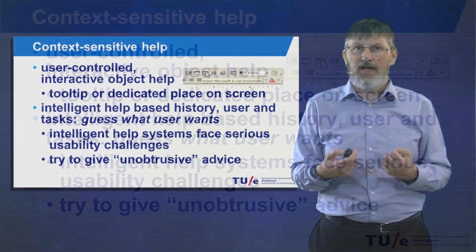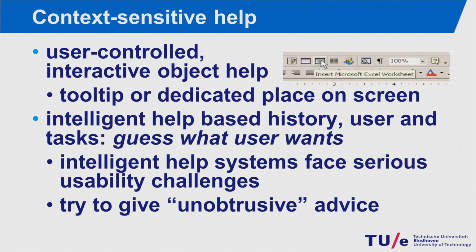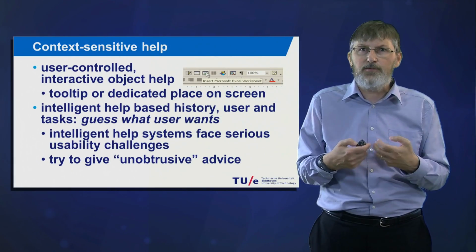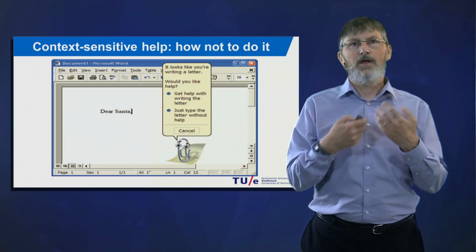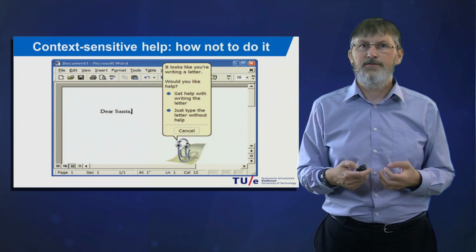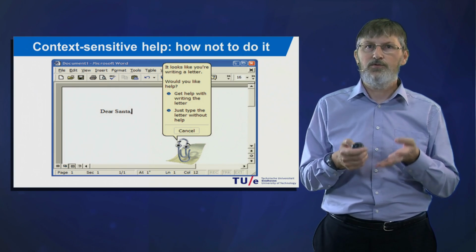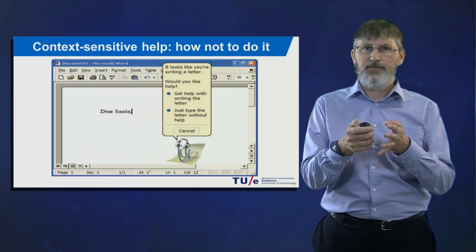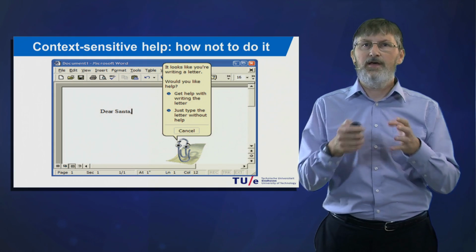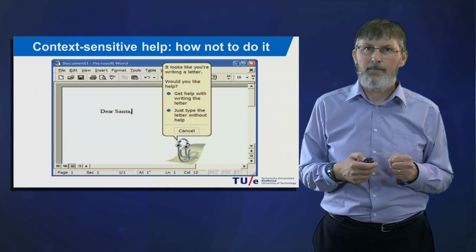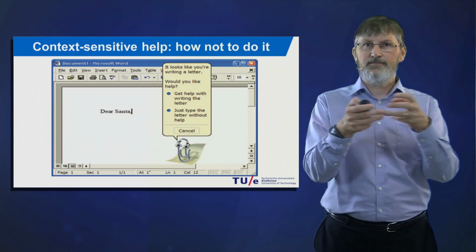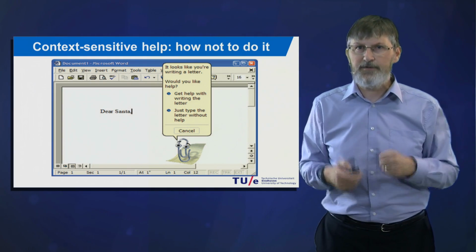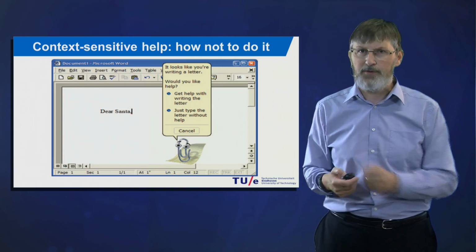Such intelligent help systems should also give unobtrusive advice. They shouldn't always be bothering the user with, oh, can I help you with this? Can I help you with that? Microsoft Research developed a great tool to give intelligent help in the office environment. Unfortunately, research results are handed over to a different department which develops the actual product.